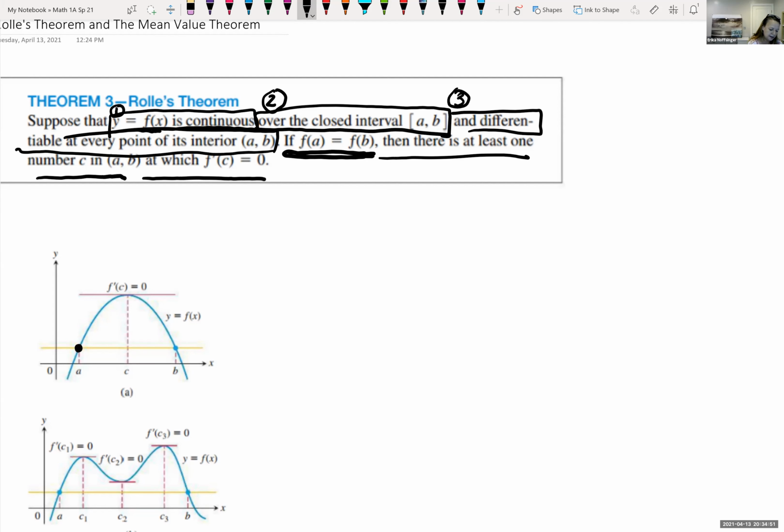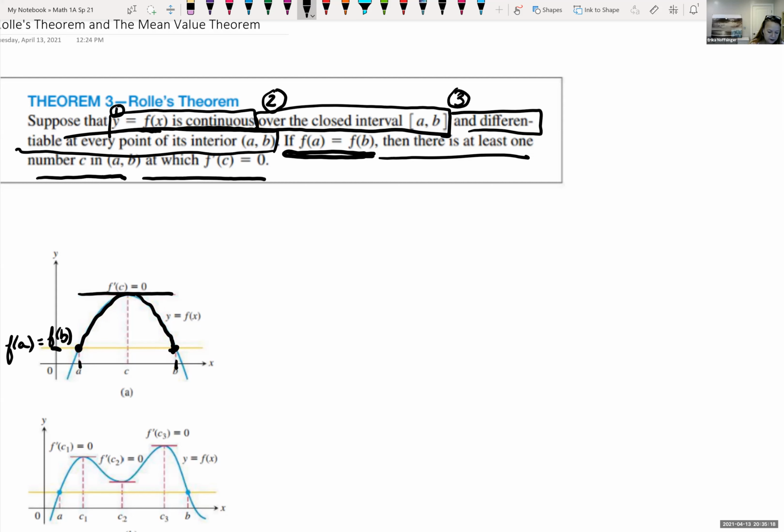If you have some x value a here and x value b here, and our y values are the same, in order to draw any graph that's continuous in between a and b, and to get back to this value, I'd have to be able to turn around and turn back over there.